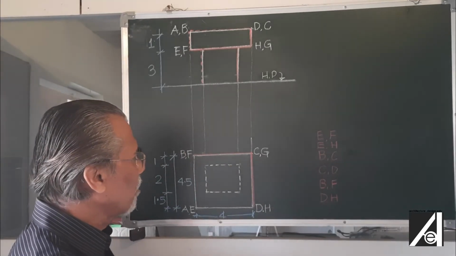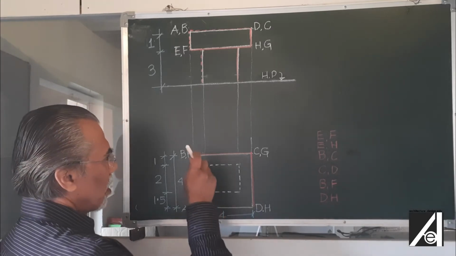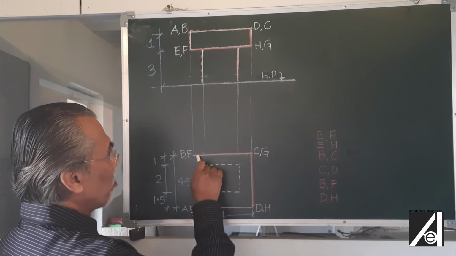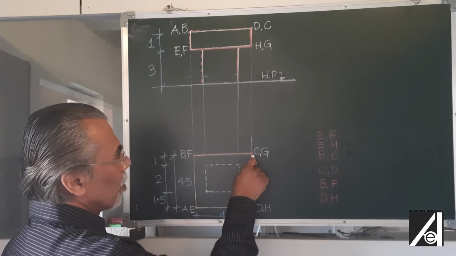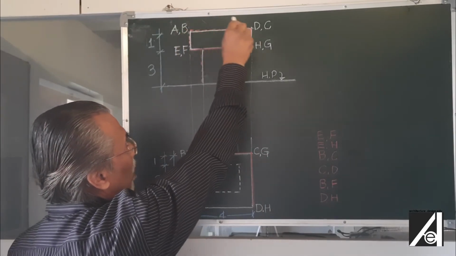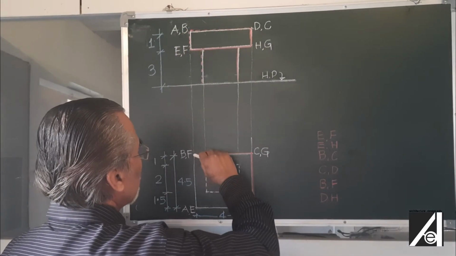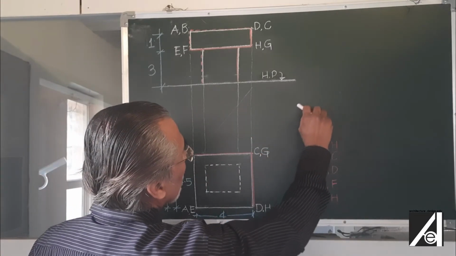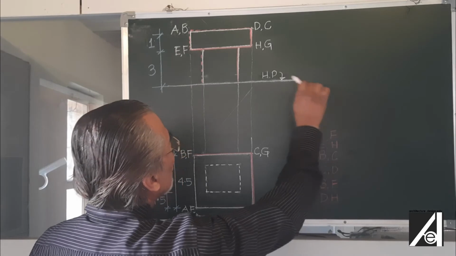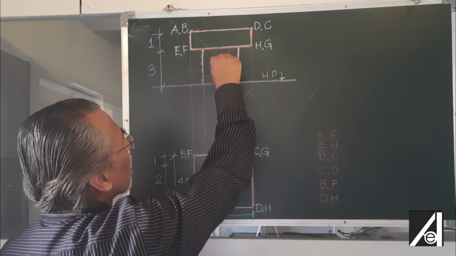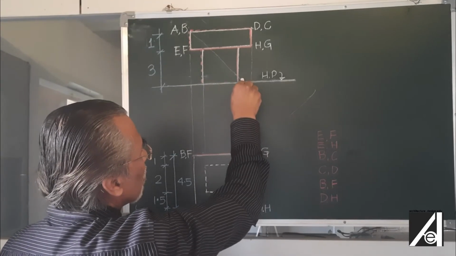Let's take them one by one. I would first prefer this edge, BC. So BC is one of our edges. Point B is here, point C is here. So we project. I have projected point C. From here, point B projected on the ground comes here, so we bring it down.